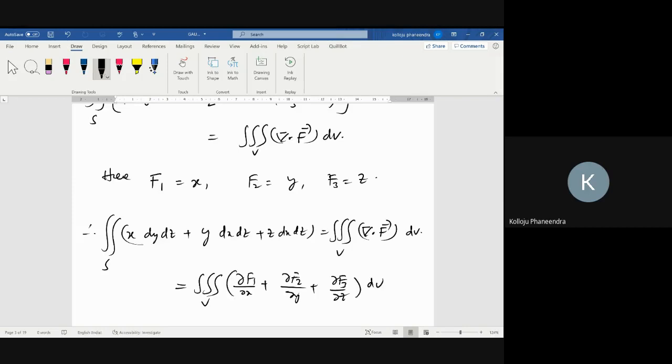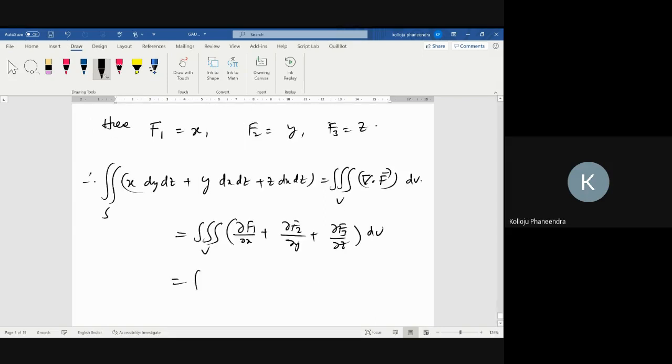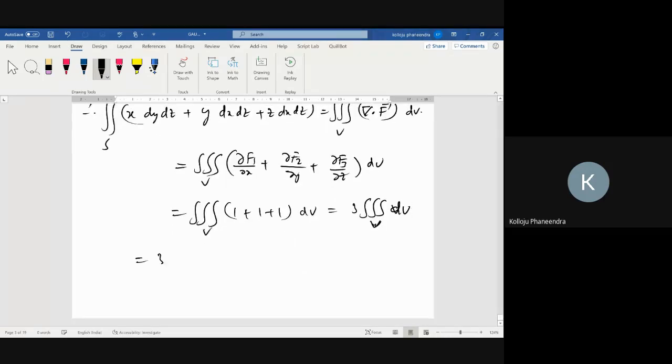Now you know f1, f2, f3, so this is 1 plus 1 plus 1, dV over V. So 3 times the triple integral over V of dV, which is the volume of the sphere with radius a.